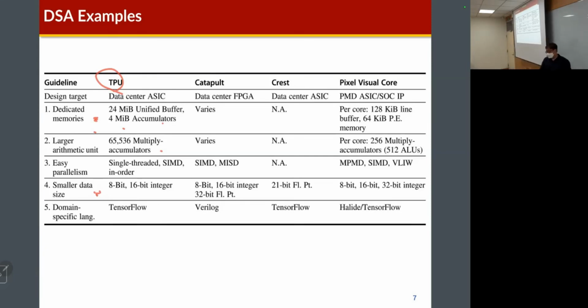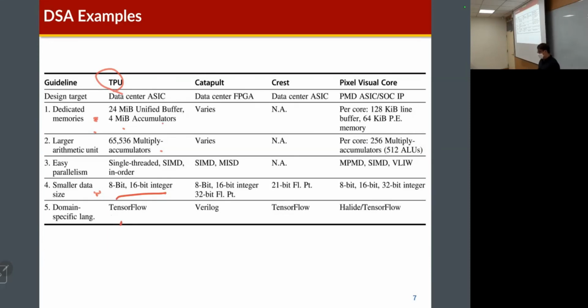Let's consider the integer. What's the size of the typical integer type data? It's 32-bit. So compared to the typical integer type data, the data resolution used by TPU is lower.